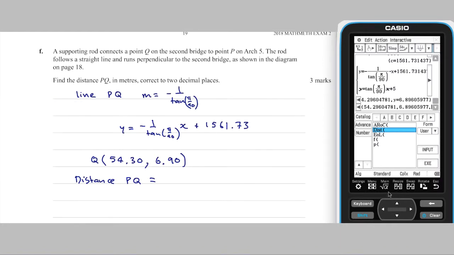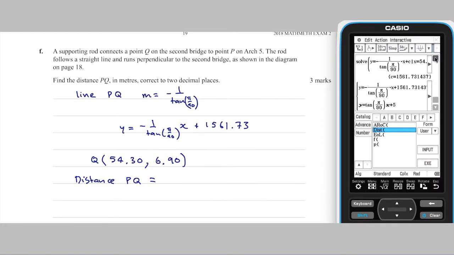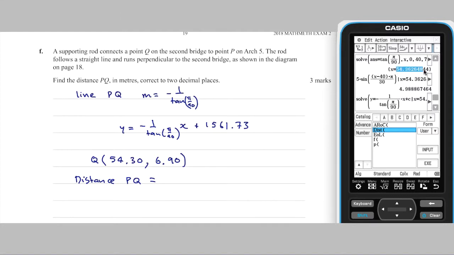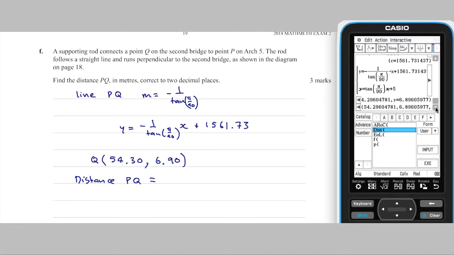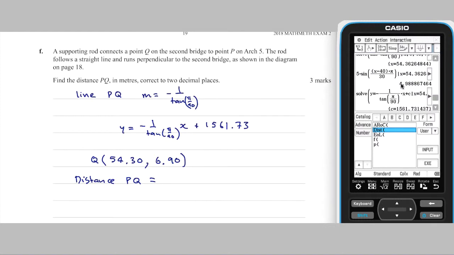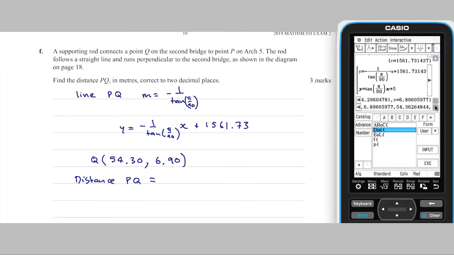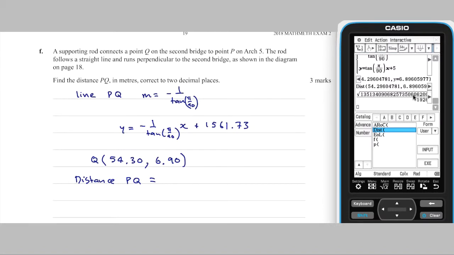I will also need the coordinates of the point P. My value to 2 decimal places will be 1.91.